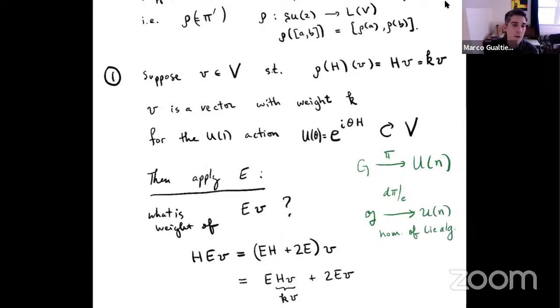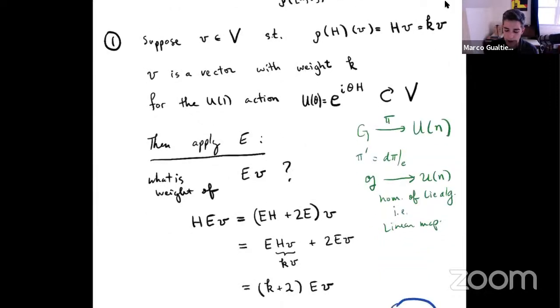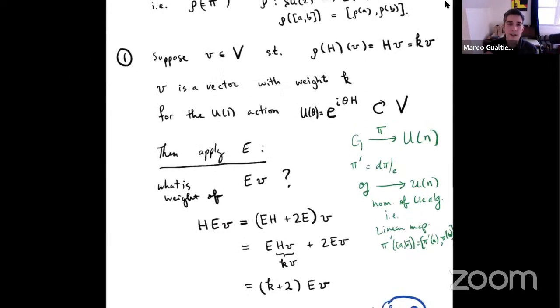What does it mean? It means it's a homomorphism of vector spaces, a linear map, such that, I think the textbook calls it pi prime, pi prime of the Lie bracket of A and B is the commutator of pi prime A, pi prime B. So the idea is that if we could take the Lie algebra and represent it by skew adjoint matrices, such that the bracket is sent to the bracket, then we could exponentiate that and get a representation of the group.